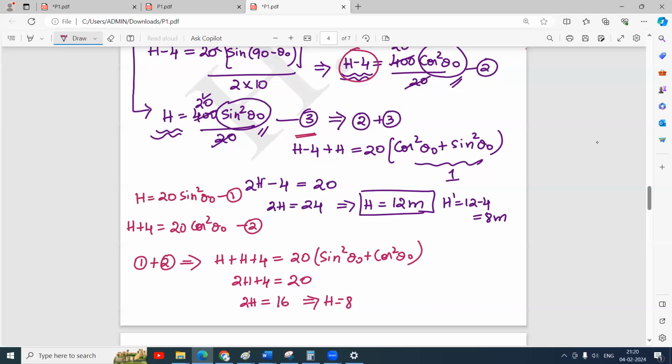That means you will get this answer first. And the remaining one is 8 plus 4, the new h dash, that is 12. So you get this first and this next. That's the only difference. Thank you.